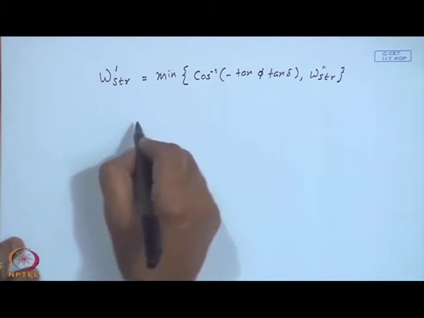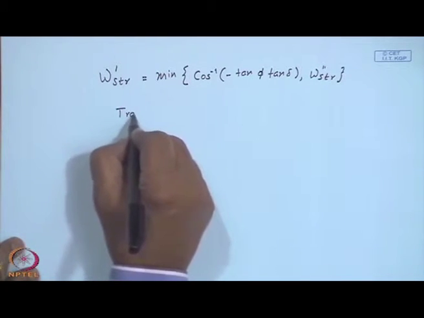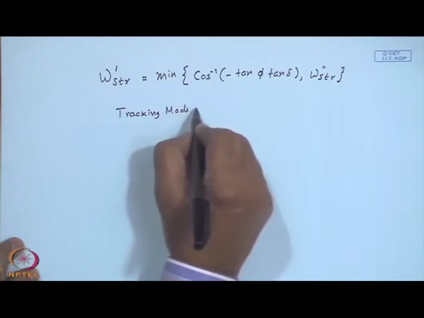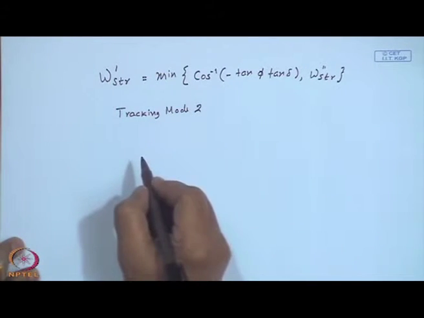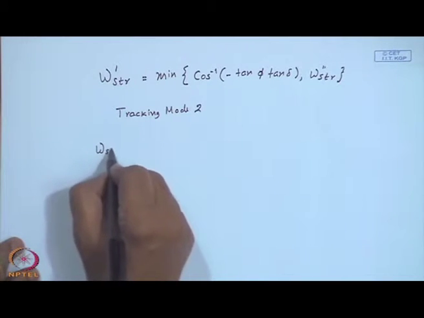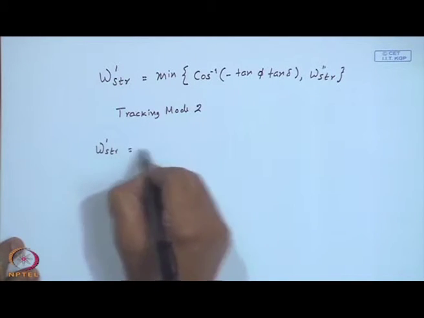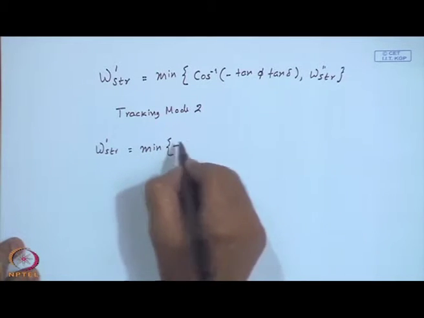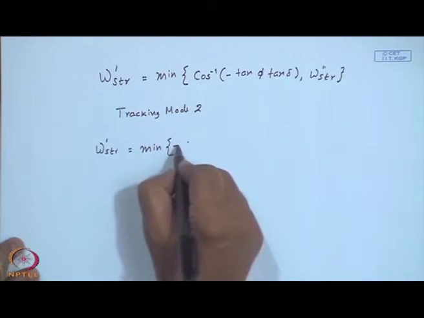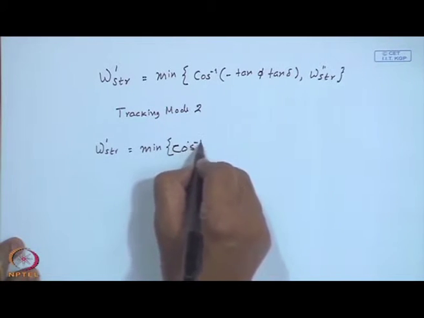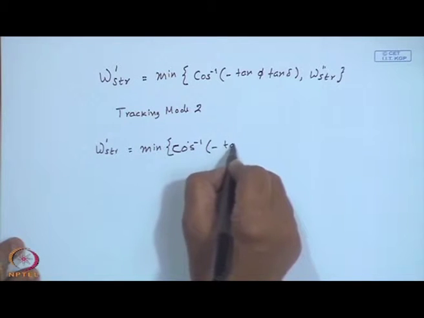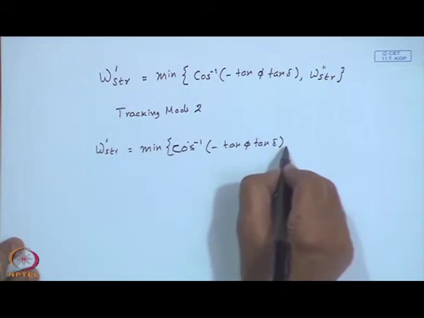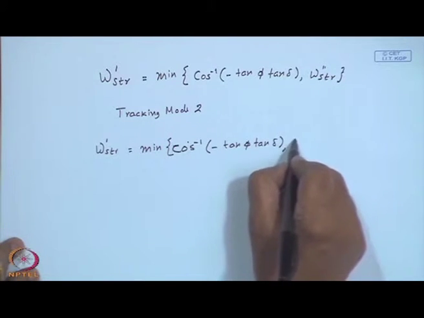So, if you do the same thing for tracking mode 2, set theta equal to pi by 2, omega S Tr dashed will be again minimum of physical sunset hour angle, which is cos inverse minus tan phi tan delta, and 90 degrees.